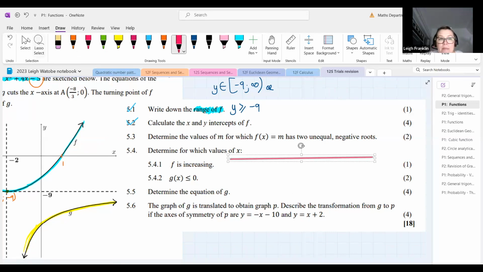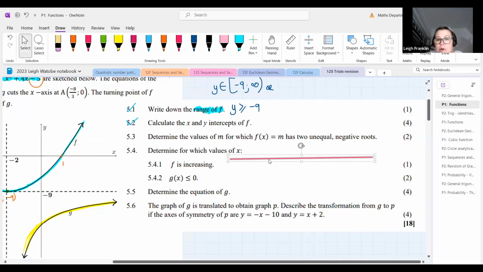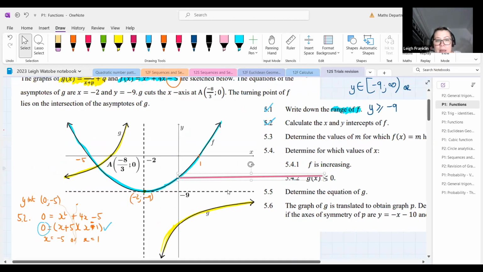That's what they mean by this. Does that make sense to everybody? This is something that you should have seen before. Okay, so it's a simultaneous solution between f of x and m. F of x is y, m is also y. So if y equals m, it is a horizontal line that can be moved up or down.